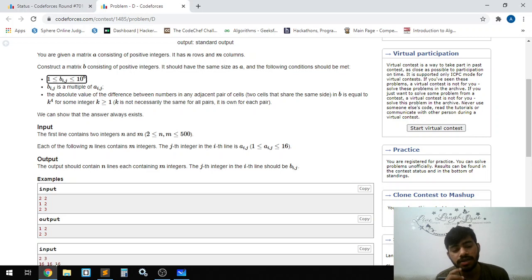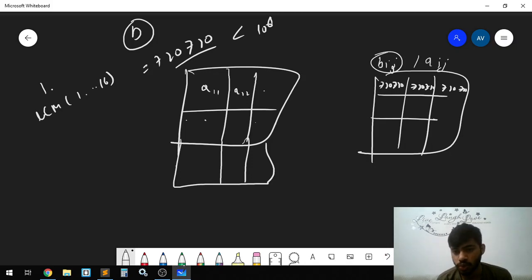Now our second condition is that the absolute value of the difference between adjacent numbers must be something k raised to the power 4. We know that a of ij is at most 16.